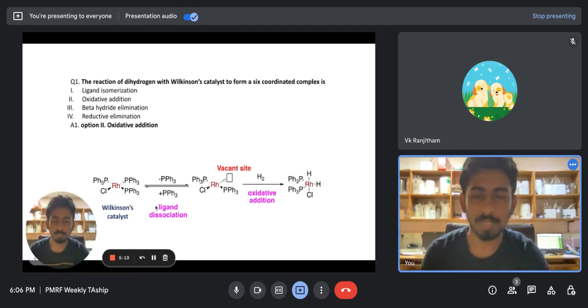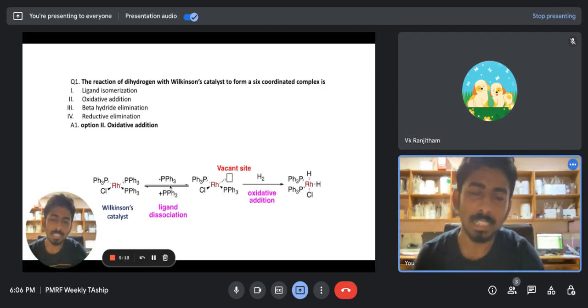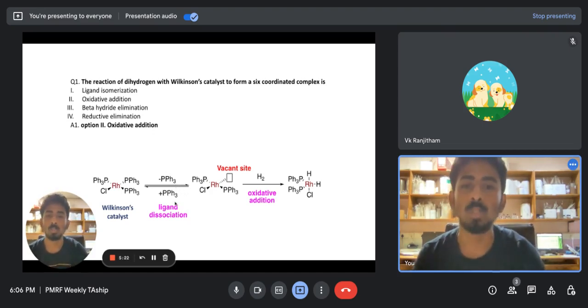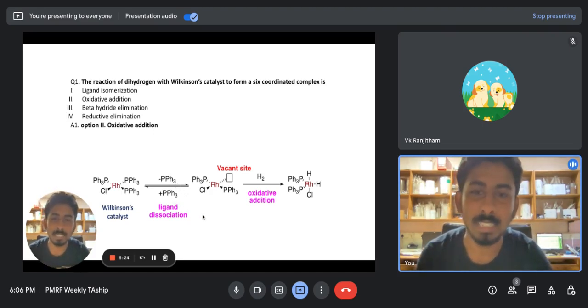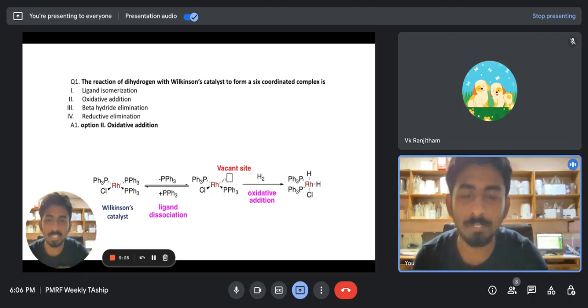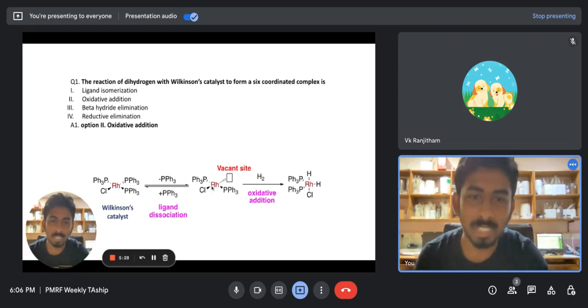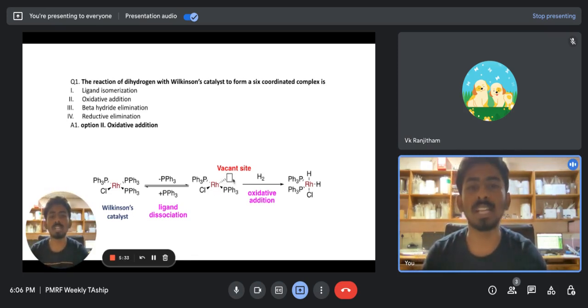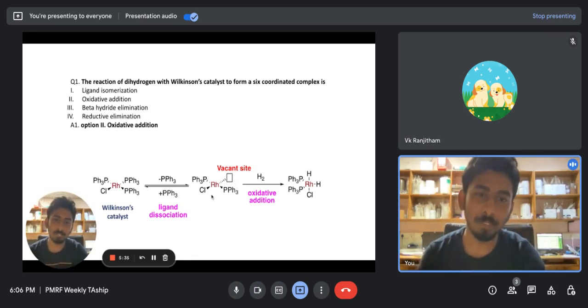When it is subjected to the catalytic cycle, you can see it is a reversible reaction where one of the PPh3 goes out. Neutral donors have a tendency to dissociate from the molecule to generate a vacant site so that the substrate molecule can bind there.